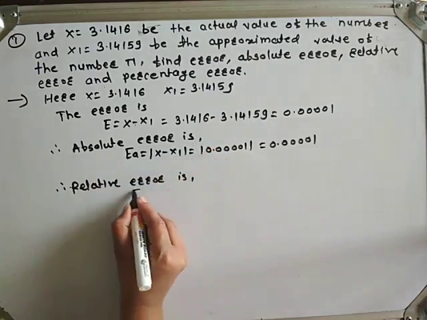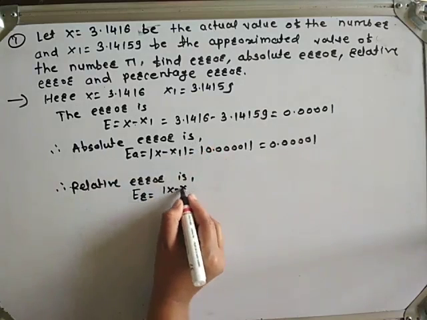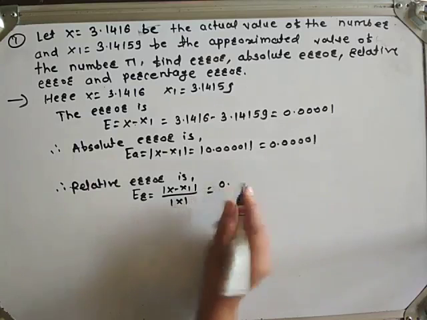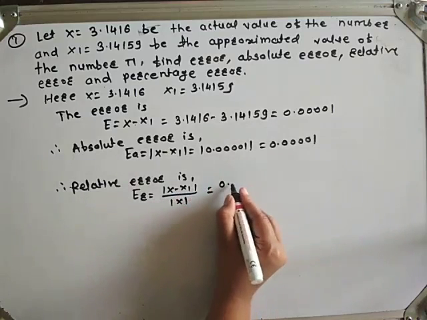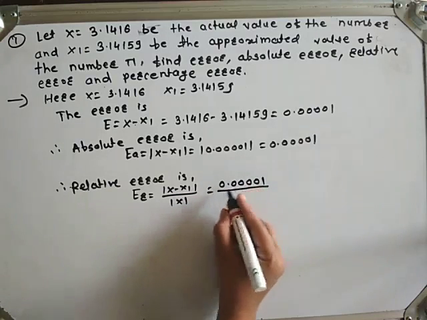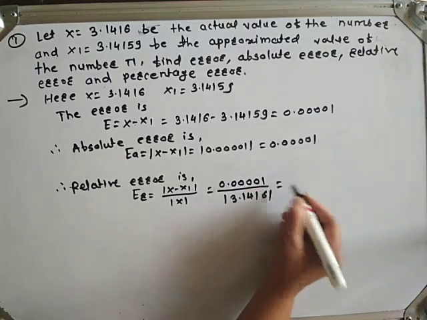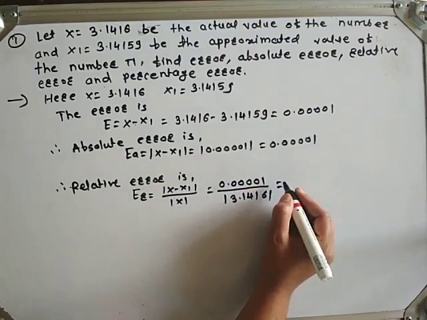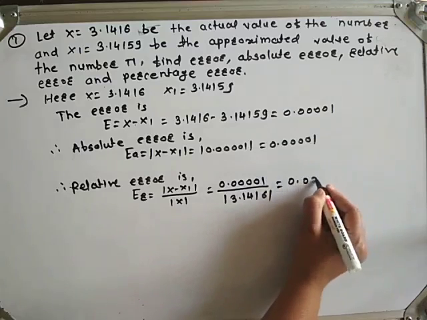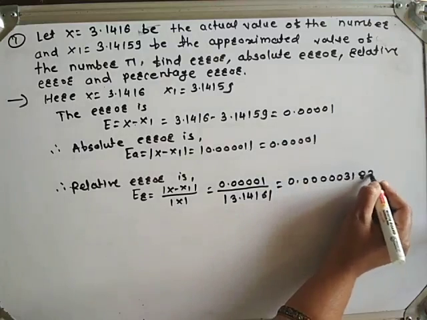It is denoted by ER and it is given by mod x minus x1 upon mod x, which is 0.0001 upon modulus value of 3.1416. After calculating this, we get 0.00031831.